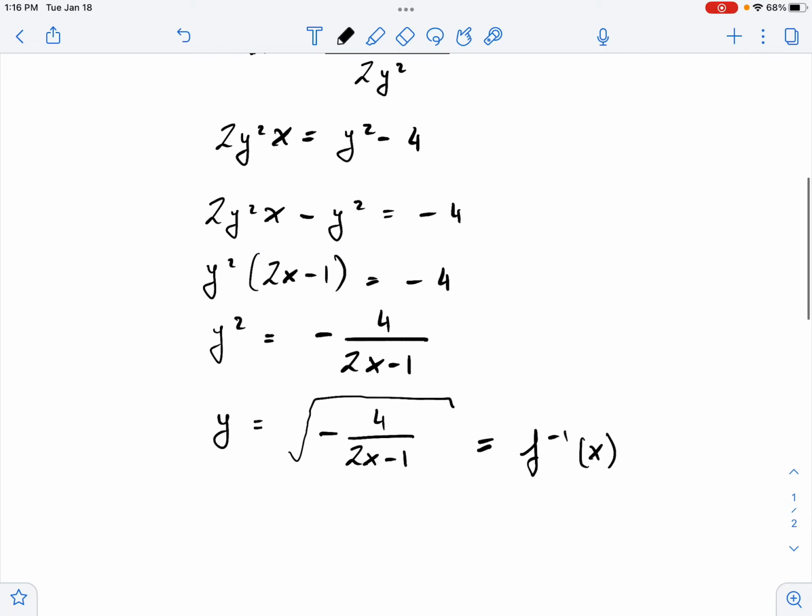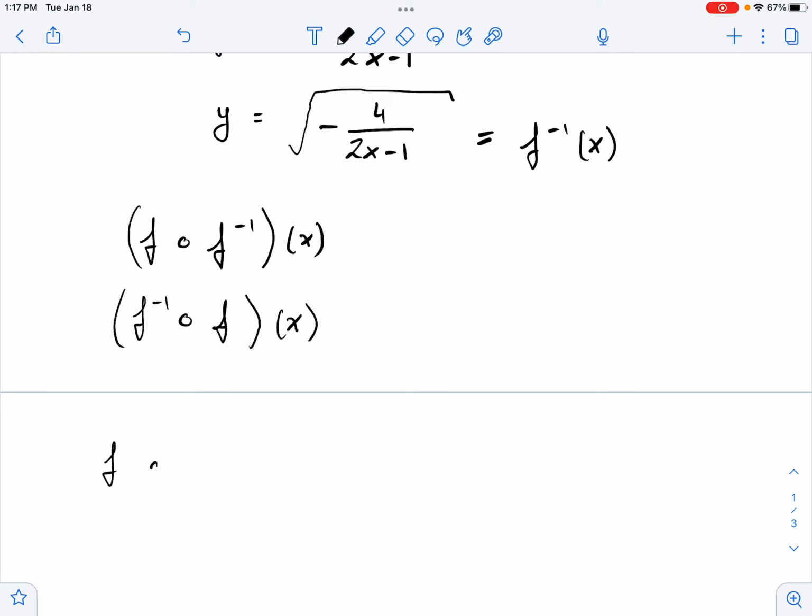F of f inverse, so here's my function, so x squared minus 4 is going to become x squared minus 4, so I will just put in here parentheses minus 4. This is squared, and so this is the square root of negative 4 over 2x minus 1.